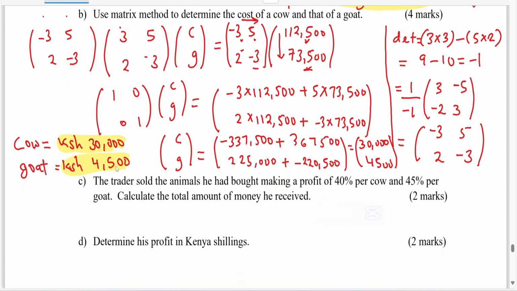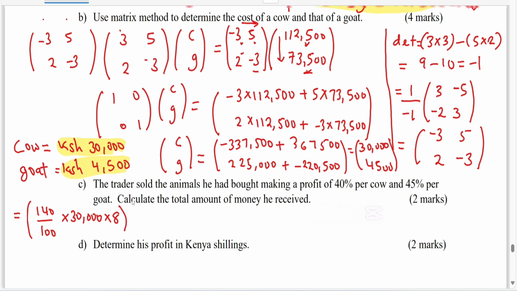So the other question says the trader sold the animals he bought, making a profit of 40% per cow and 45% per goat. Calculate the total amount of money he received. So the total amount of money that he received, obviously, for the cow, you'll take 140% of that price, which is 140% times 30,000, multiply to the 8 cows, kwa sababu ilikuwa na 8 cows.